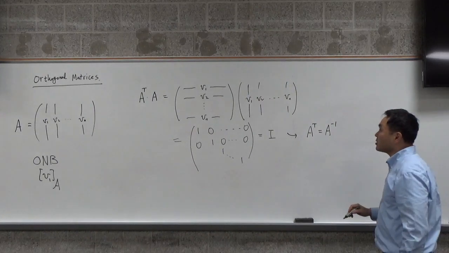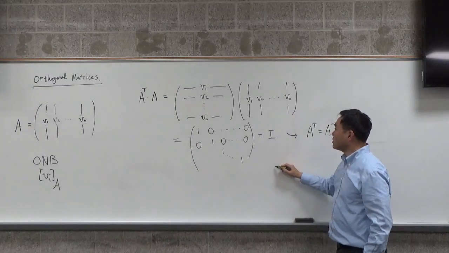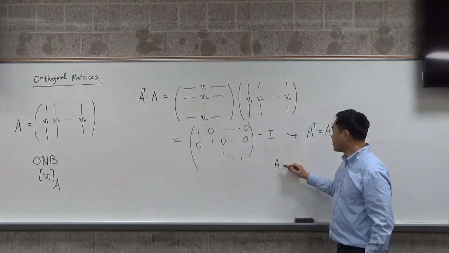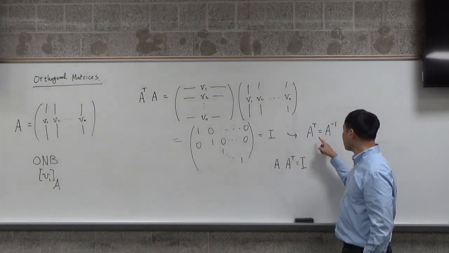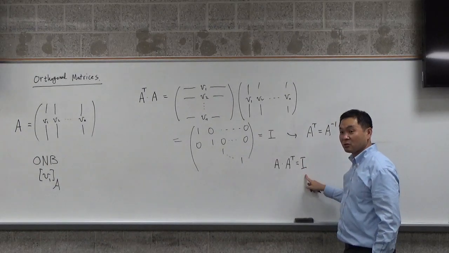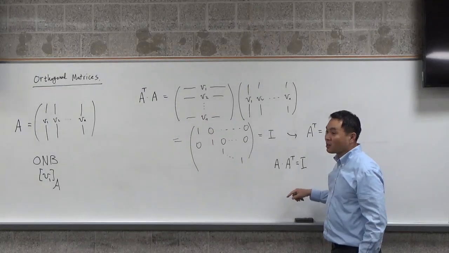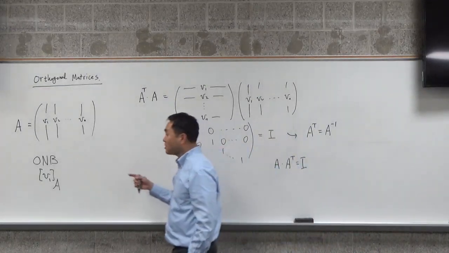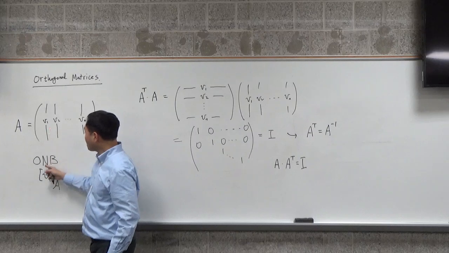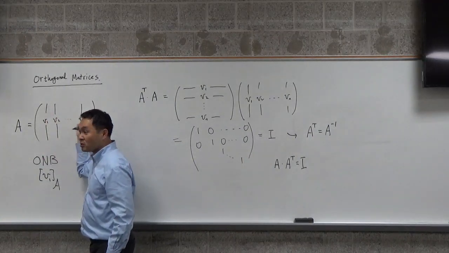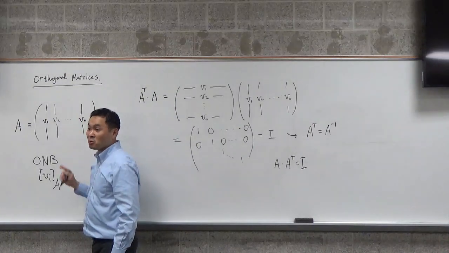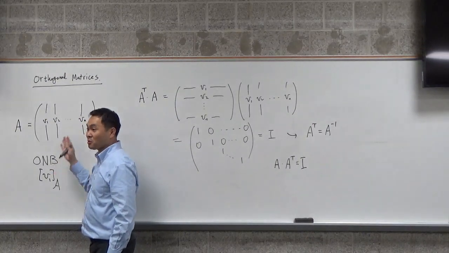And not only that, A times A transpose will also be the identity, because if this is true, then this should also be true. That gives you another non-trivial fact: if you take an orthonormal basis and write it as columns, and you read off the rows, they will again be an orthonormal basis. It's very strange, but it is.